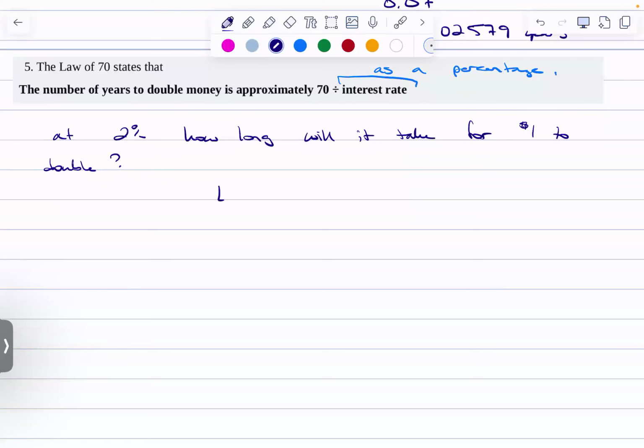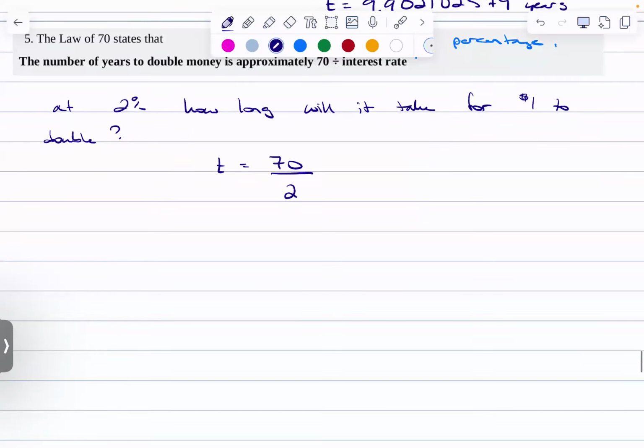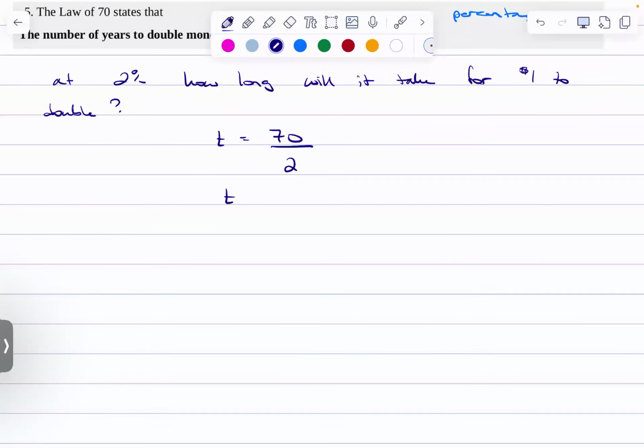Well, the rule of 72, or 70, they use 70, that's fine, is 70 divided by 2. It's going to take 35 years to double.